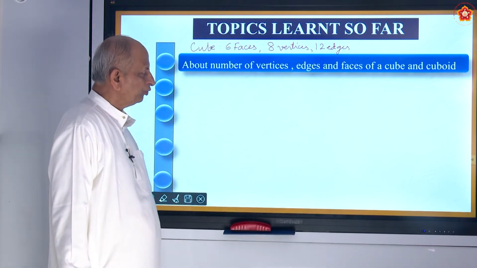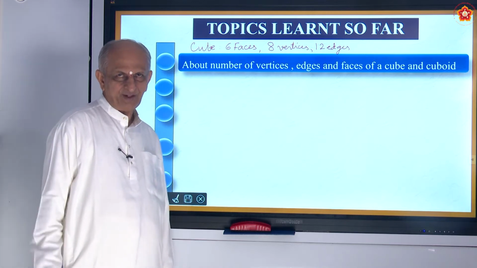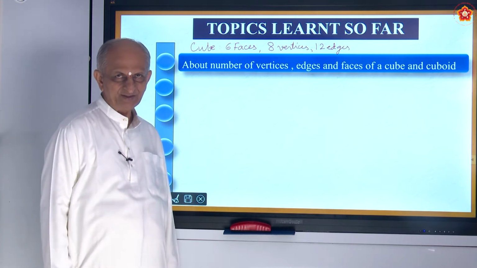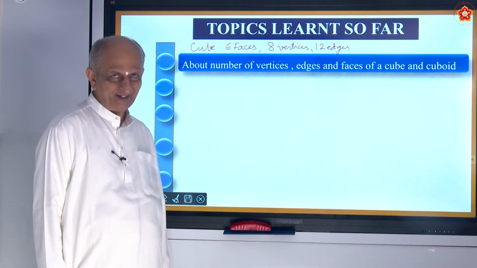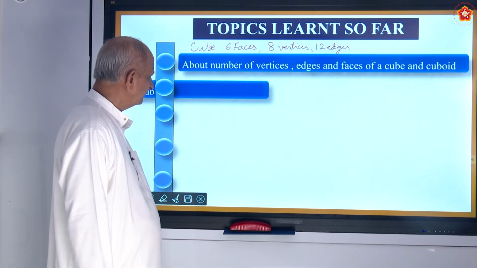Cuboid is also the same type, with 6 faces. In a cuboid all the faces are rectangles. In a cube all the faces are squares, correct? That you already studied in the previous class.